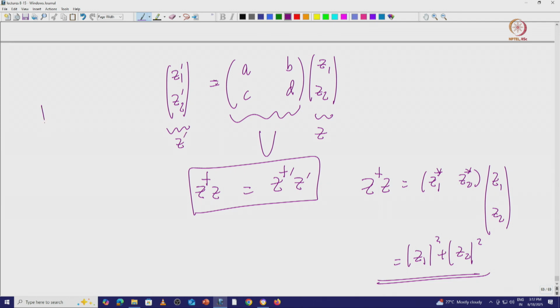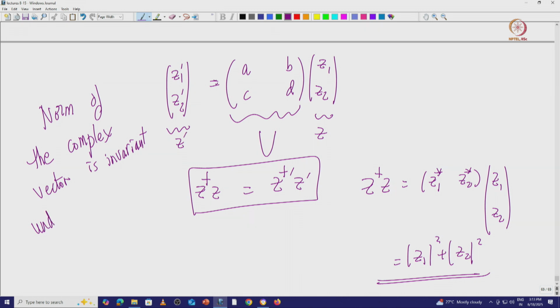So the norm of the complex vector is invariant under a transformation, let's call it a rotation in complex space.